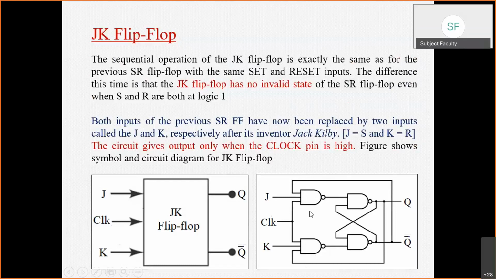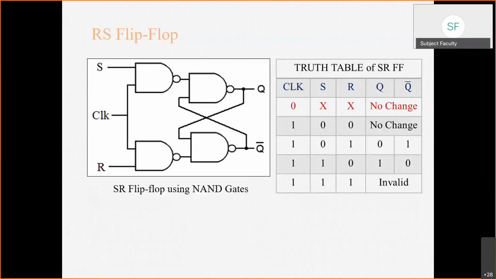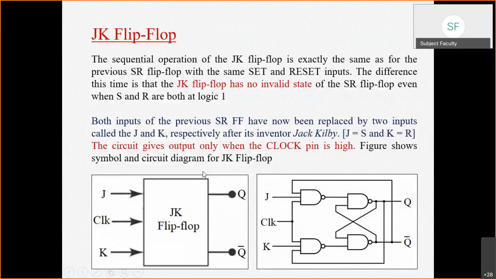I will just go one slide back. You can observe these 2 NANDs, and this interconnection is there, and these are nothing but 2-input NAND gates, with S and R. I'm just pointing out the modifications in JK versus SR. If you observe this particular connection, this input terminal, which is Q bar, I'll draw it for you.